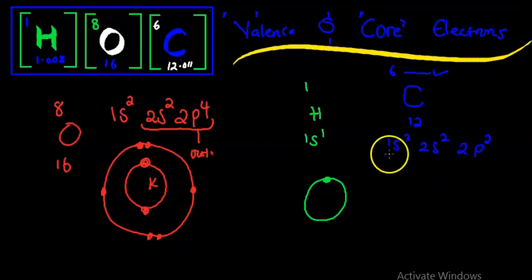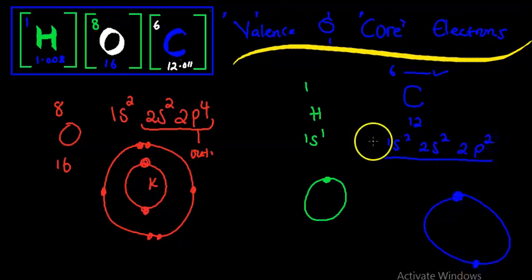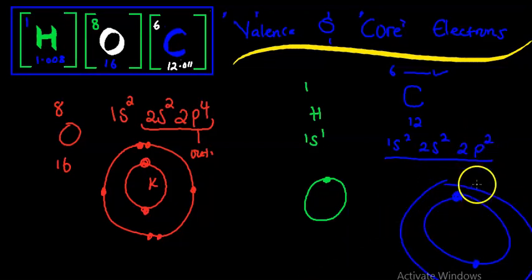Therefore, we're going to have 6. We said the first shell simply carries 2 electrons, 1 and 2. 6 minus 2 is simply going to be 4. In this case, we'll be left with 4. I'm going to put 1, 2, 3 here, and the last one, which is 4.